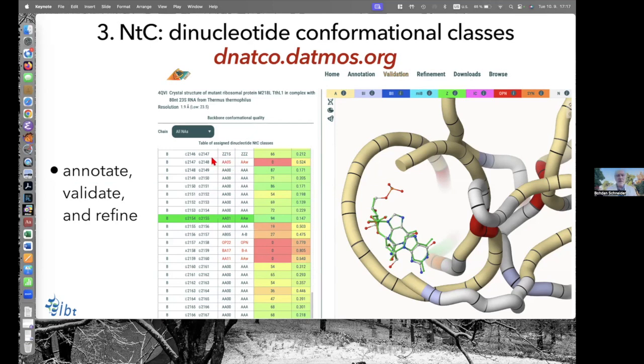In this case, I hope you can read it, it's called AA05. It doesn't matter what it means, but AA is always A-like, and 05 is 5th in the list. If you go to browse, you can really look in detail at what AA05 or AA00, which is canonical A form, means in terms of torsion angles, how many there are, and in what structure, etc.